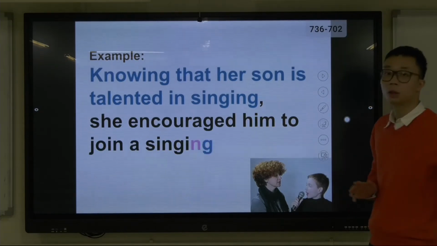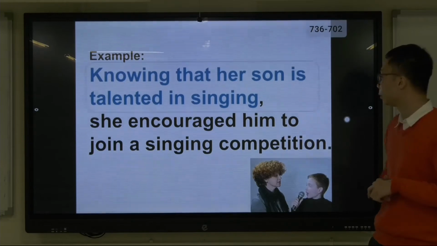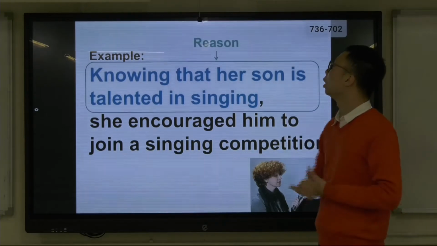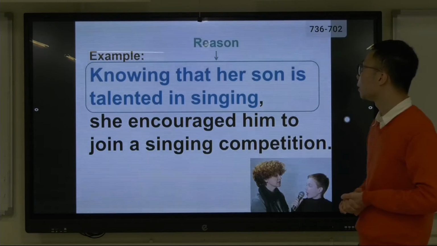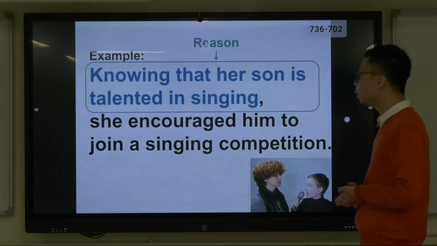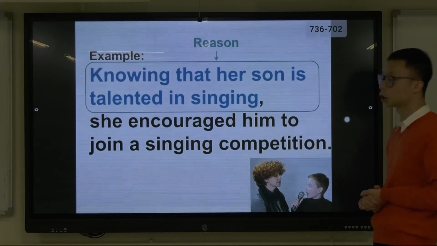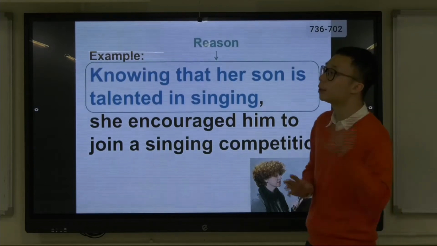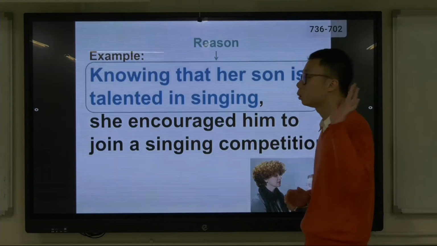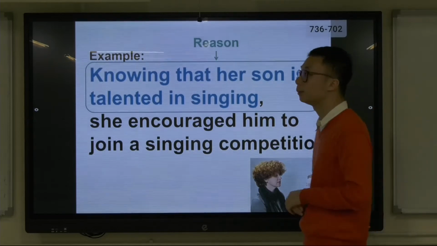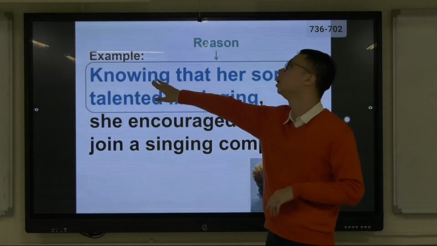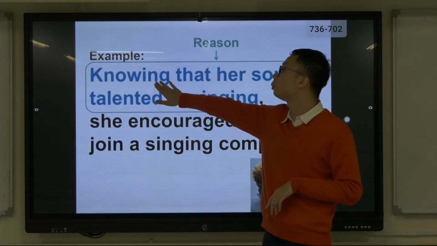Alright, class, just repeat after me. Knowing that her son is talented in singing, she encouraged him to join a singing competition. So this is a present participle, because what do we have in the front? Yes, a present participle, a word with an ing form, a verb.